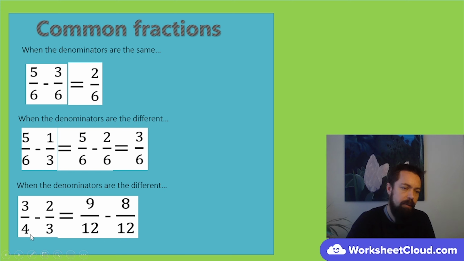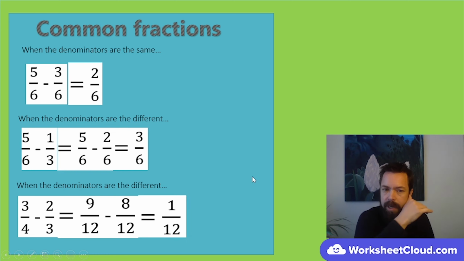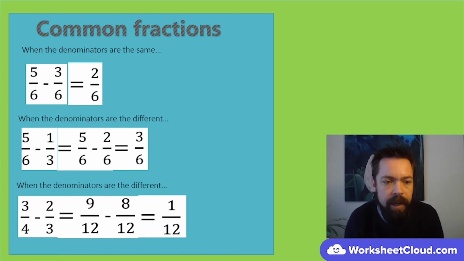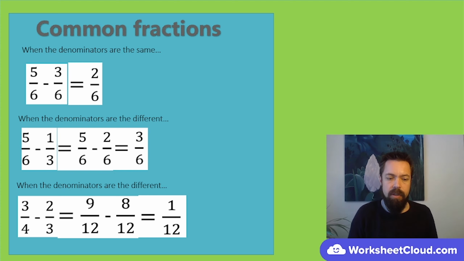So 3 over 4, we times both of those by 3, became 9 over 12, and this one we times by 4, so the 2 became 8, and the 3 became 12. These two are equivalent fractions. We just found equivalent fractions where our denominators were the same, so that we could subtract them like we've been doing. And we get 9 minus 8 is 1, and we're looking at twelfths.